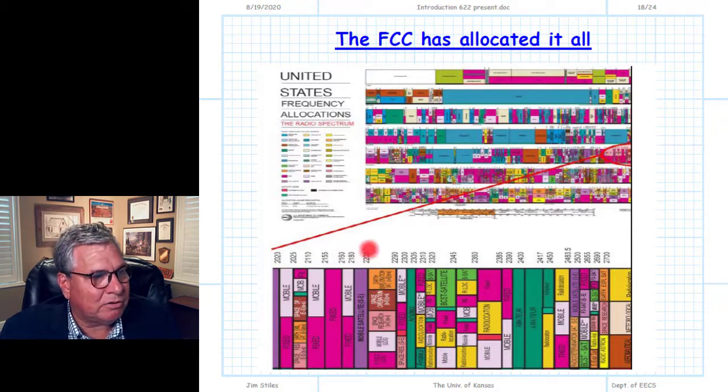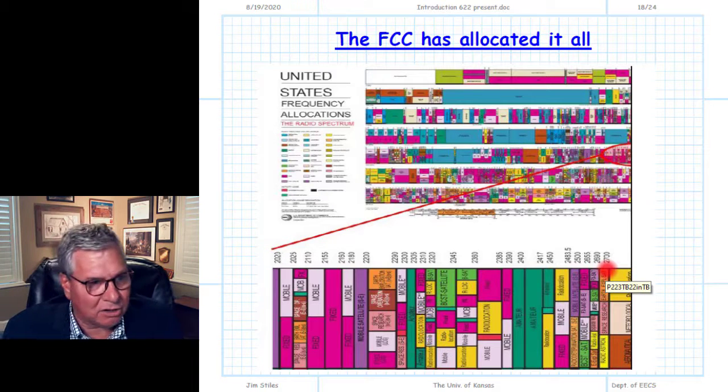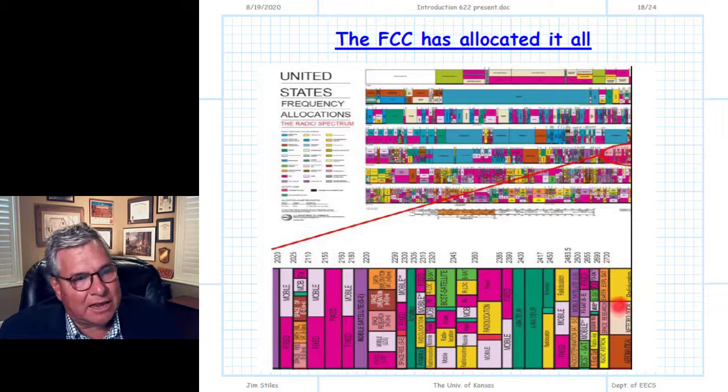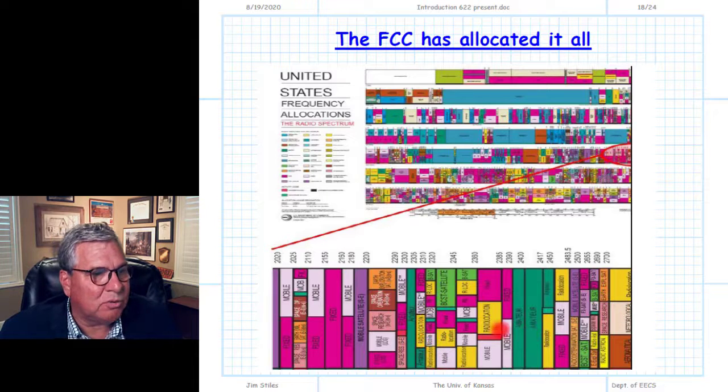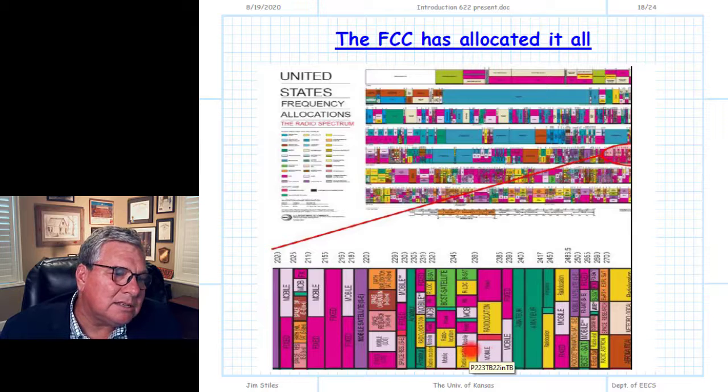But I think this is interesting to look at, and it sort of tells the point. Here's an expansion of just this little region right in here. And this goes from basically 2 gigahertz all the way up to about 2.8 gigahertz. And it shows the different allocations, different bands. Here's amateur, radio location, mobile, let's see, what else is in there? It's hard for me to read. Space operation, satellite.